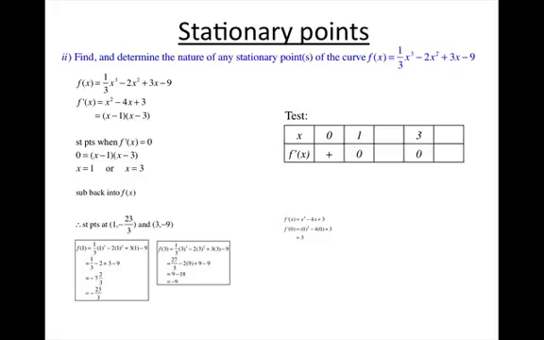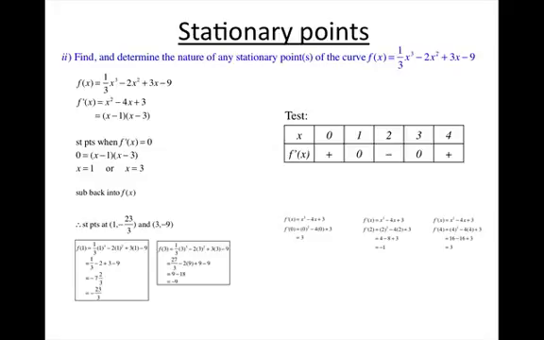That 2 falls between the 2 numbers, so we kind of kill 2 birds with 1 stone in a sense. So that 2 will then test into our f dash x, and we end up getting negative 1, which is a negative gradient. Then we test our 4, sub that in, we end up getting 3, which is a positive gradient.